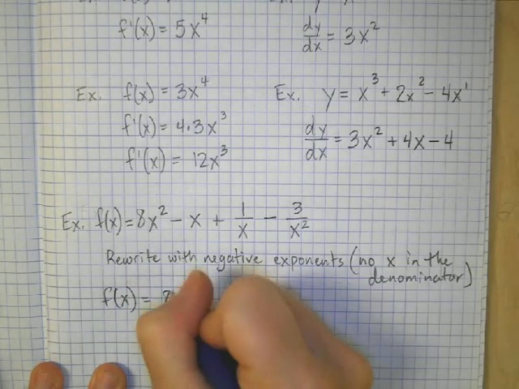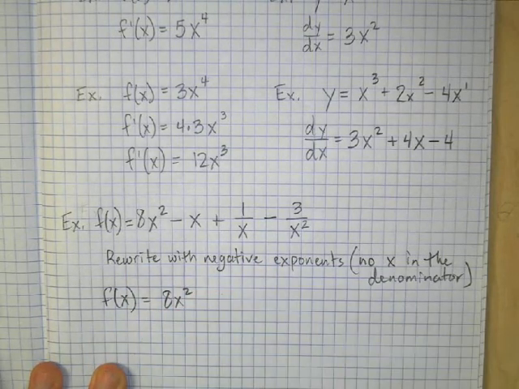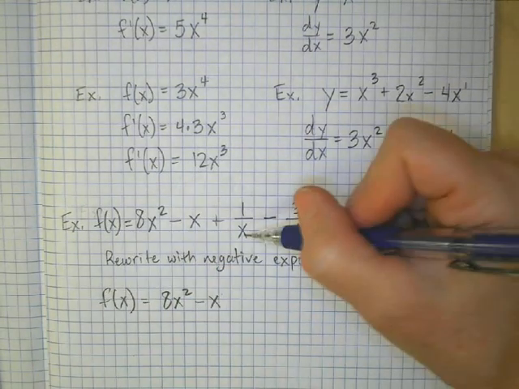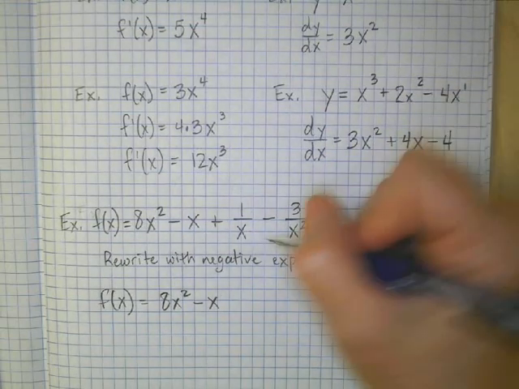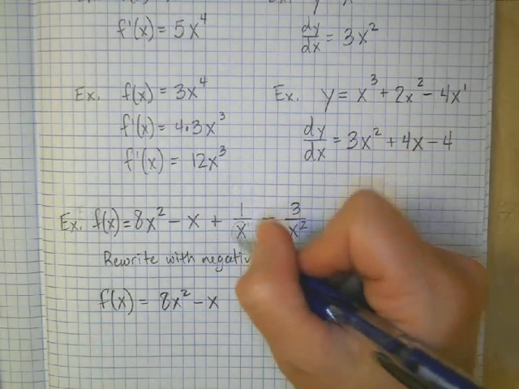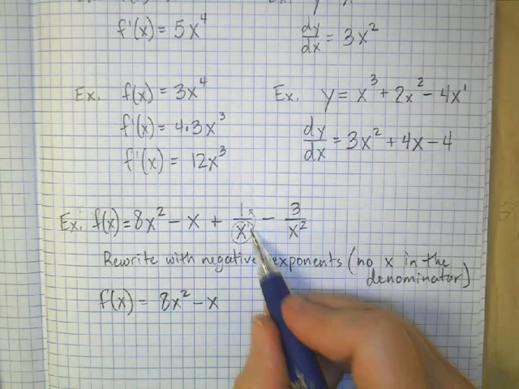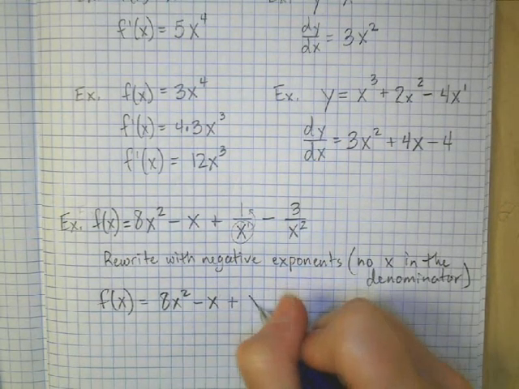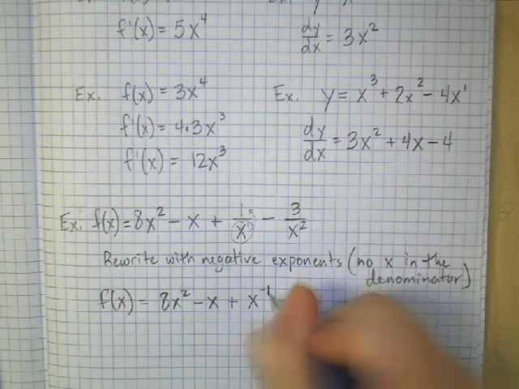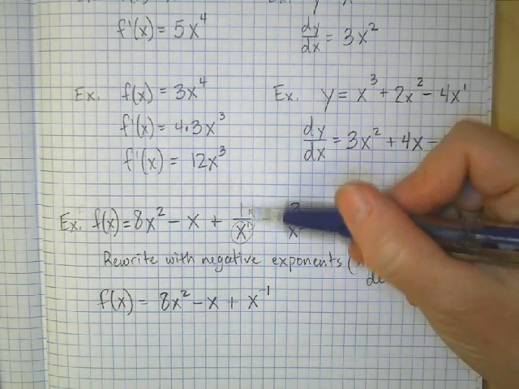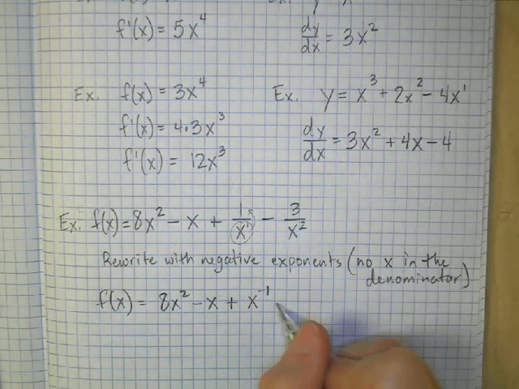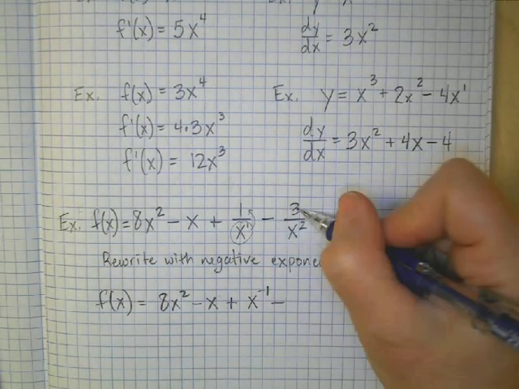So 8x squared, that one's still fine, minus x. Now this one, when it's in the denominator, the invisible exponent is a 1. So when I change its position, I have to change the sign of its exponent. So this is going to be plus x to the negative 1. Okay, and given that there's a 1 here in front, I could write the 1, but I don't need to. Okay, and then the next one, minus, I still have my 3 that's in the numerator.